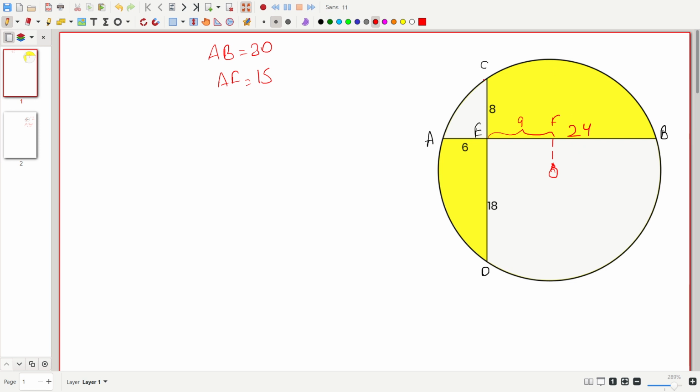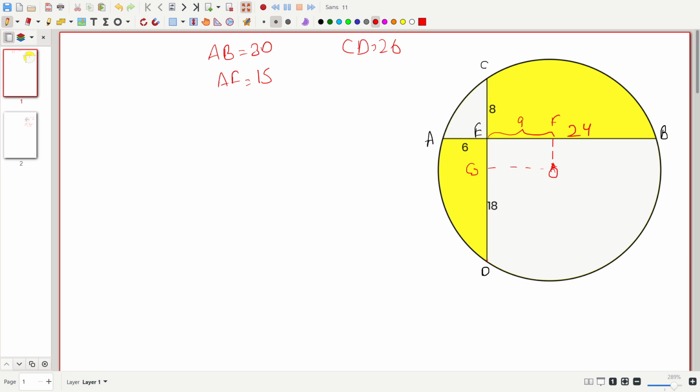Similarly, the total length of CD is 8 plus 18, which is 26. What is the half of CD? Let's say I want to measure up to G, FG. So what is the length from G to D?